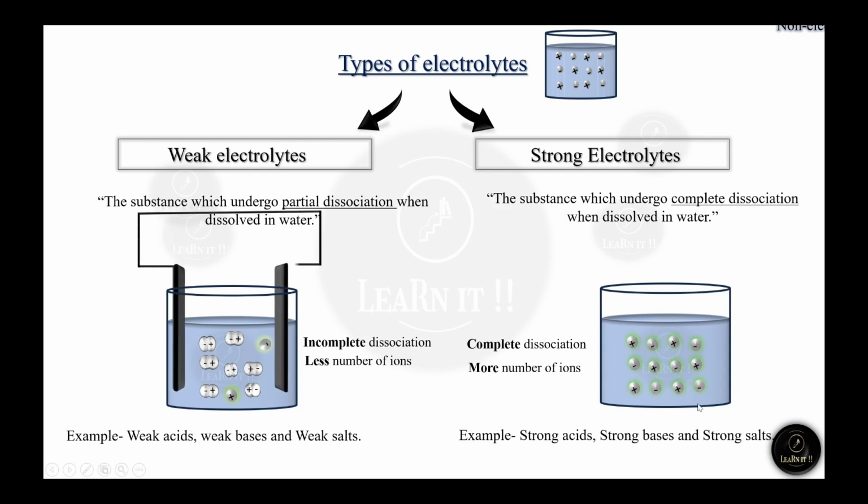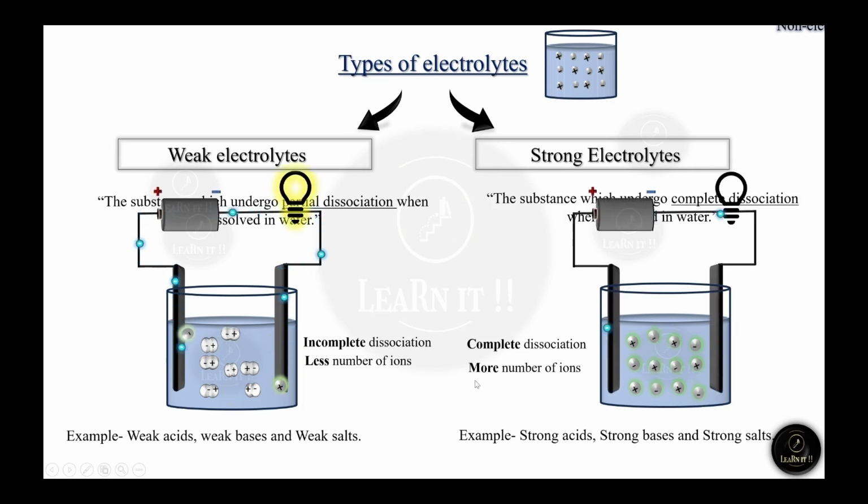So when we pass electricity through weak and strong electrolytes, because of more ions, the glow in the bulb is more for strong electrolytes, because only a few ions are present in the weak electrolytes. That's why the conductance in strong electrolytes is more.